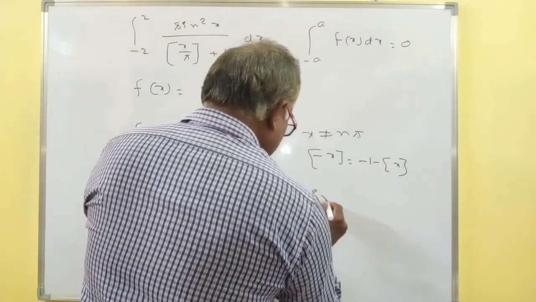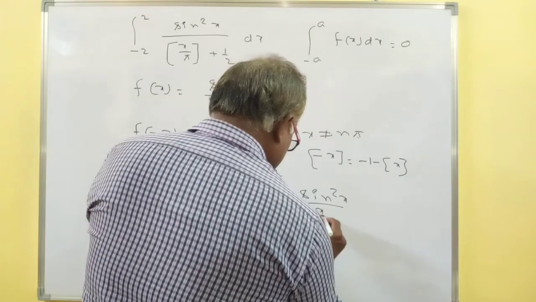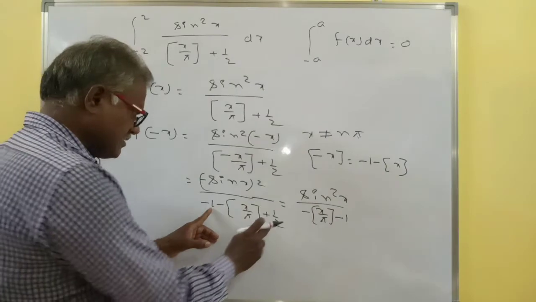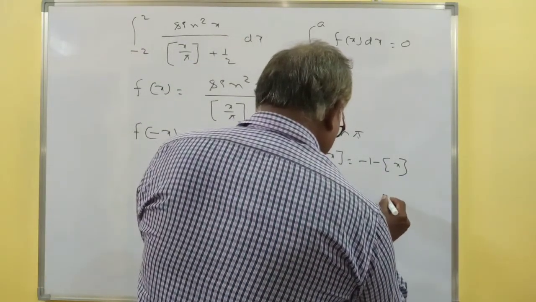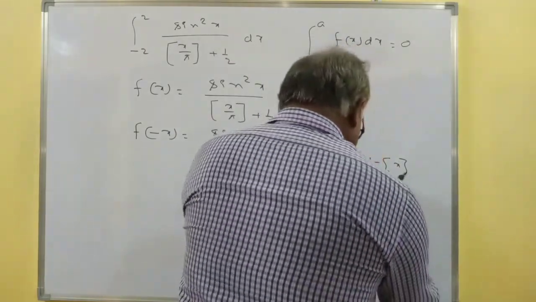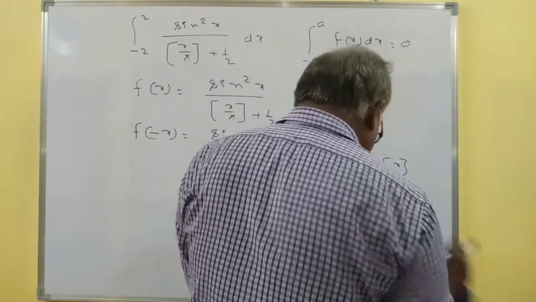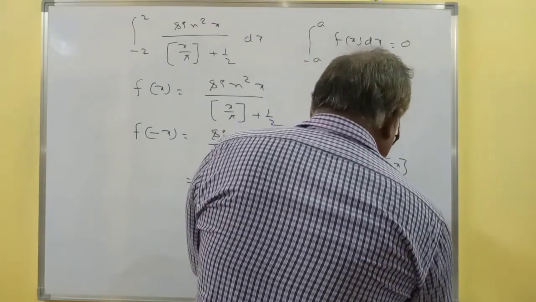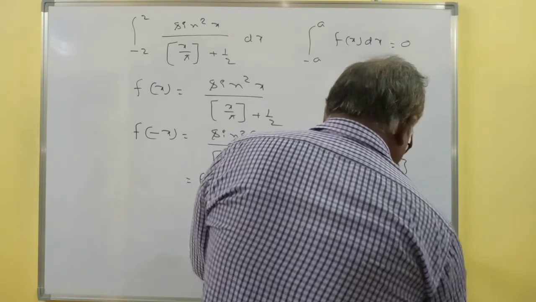So this is nothing but plus sin square x divided by minus step of x by pi, minus 1 plus 1 by 2 gives minus 1 by 2. If we take minus as common, we get minus of sin square x by step of x by pi plus 1 by 2.